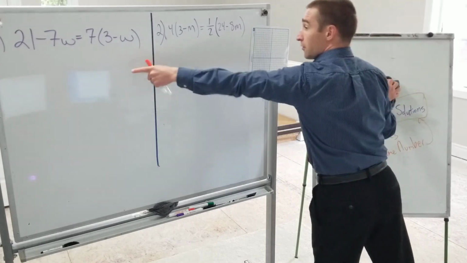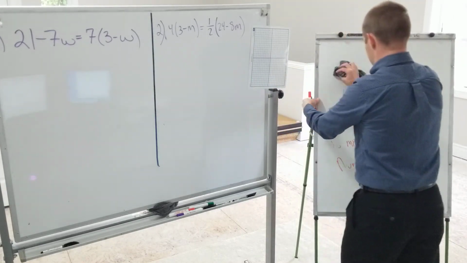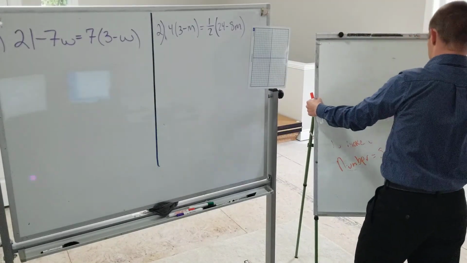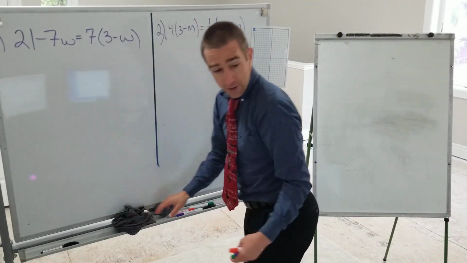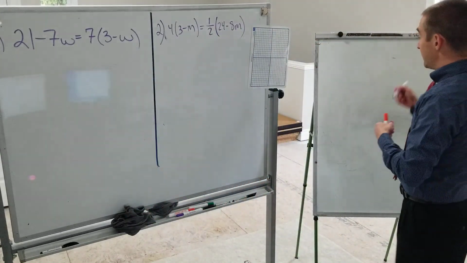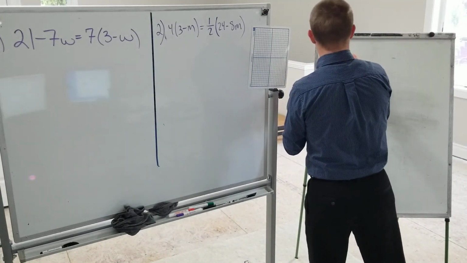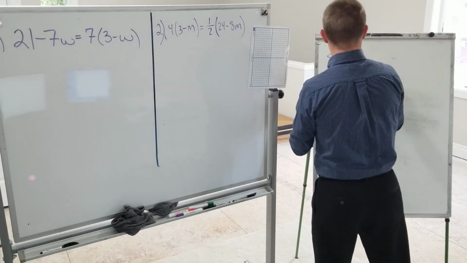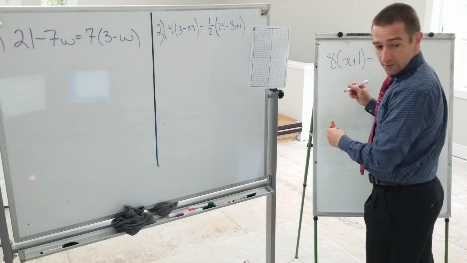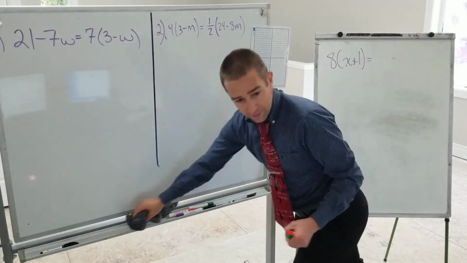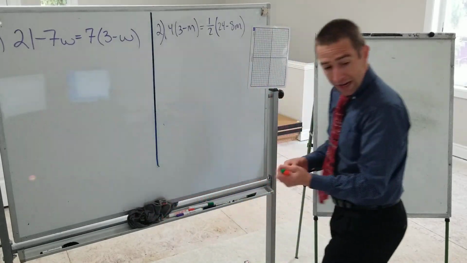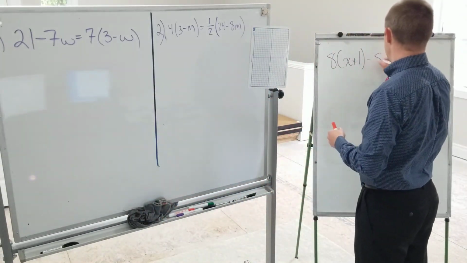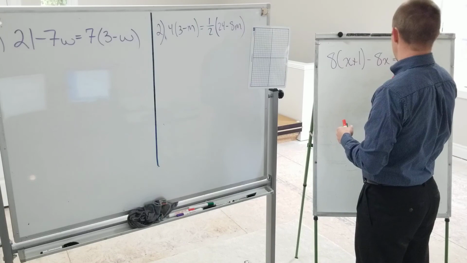If you finish the first one, try the second one. If you haven't finished the first one, keep working on it. Problem 3, we have 8 times x plus 1 minus 8x equals -8.